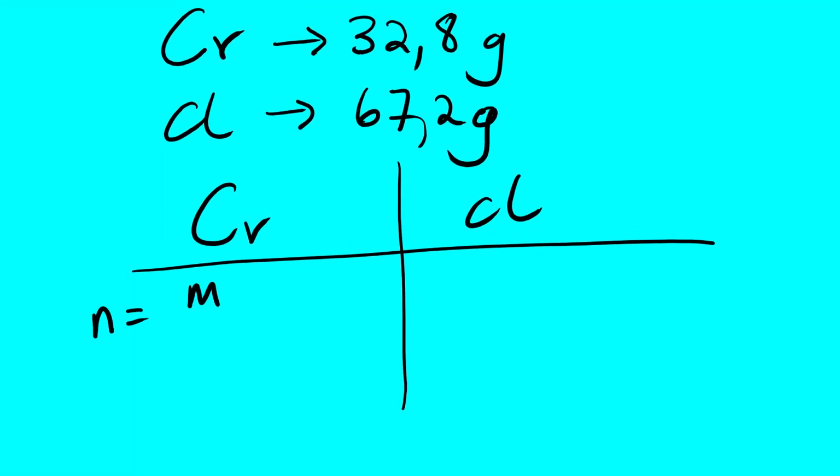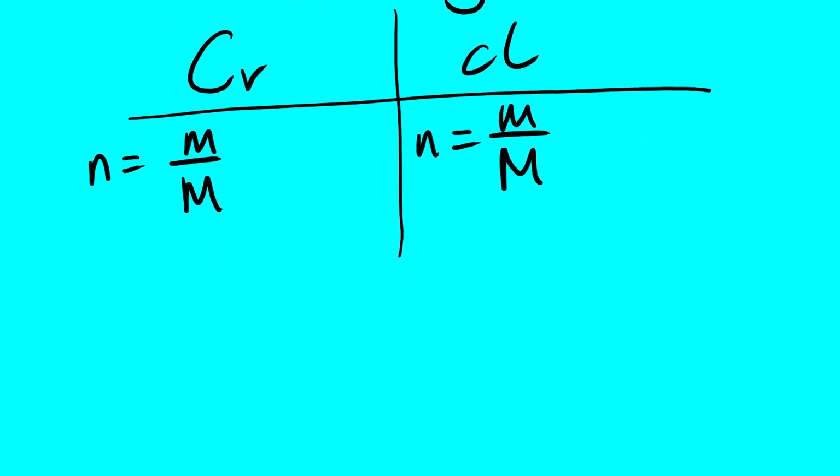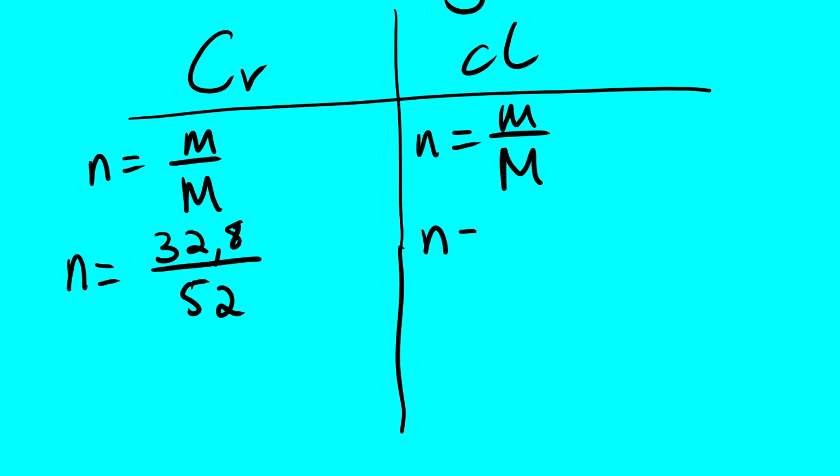Number of moles is equal to m over M. Number of moles of chromium is 32.8 divided by the molar mass of chromium, which is 52. Number of moles of chlorine is 67.2 grams over 35.5.